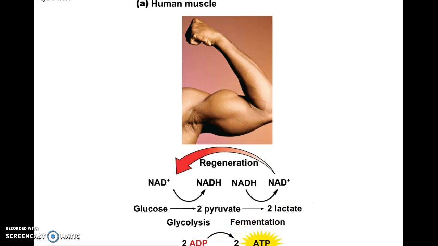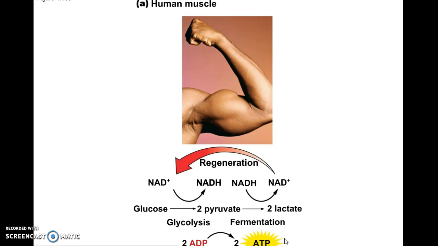And we get a whole whopping 2 ATP left. Okay. But that's good. That's a little bit, right? That little bit of ATP that's produced might get you, like I said before, up the tree or on the bus or whatever it is that you're running to, needing that little bit of extra energy.